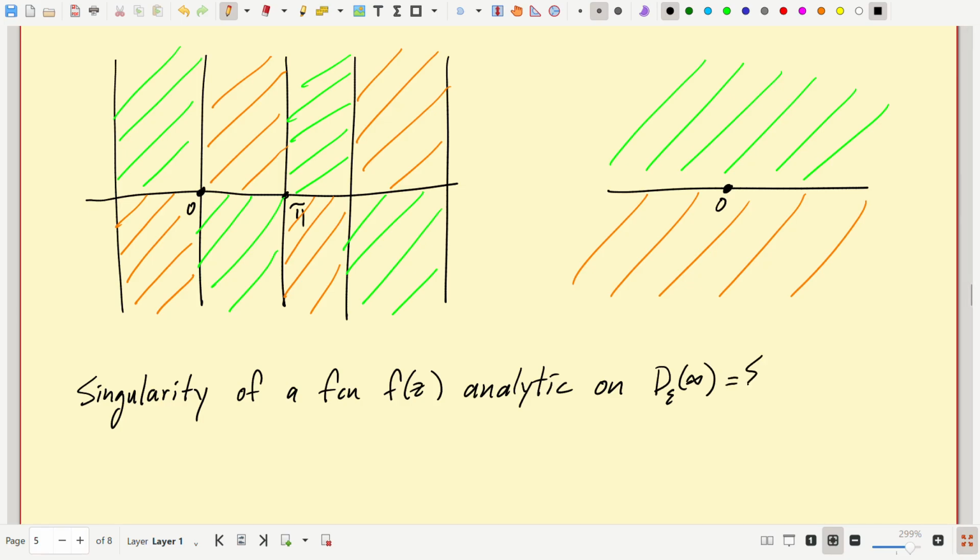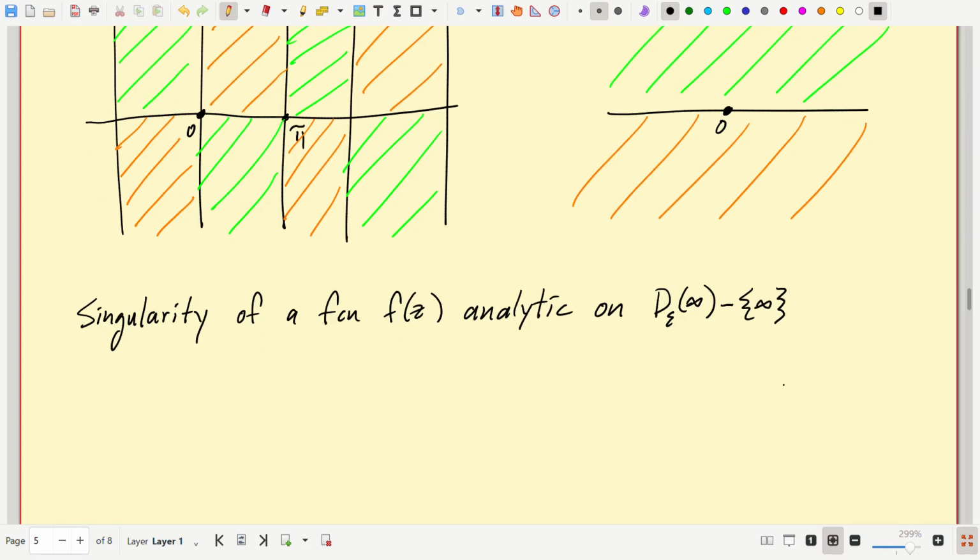Remember, on the Riemann sphere, it's like a polar cap: D epsilon, a polar cap about the point at infinity, minus the point at infinity. And in the complex plane, that represents the set of z in C such that the modulus of z is bigger than 1 over epsilon.